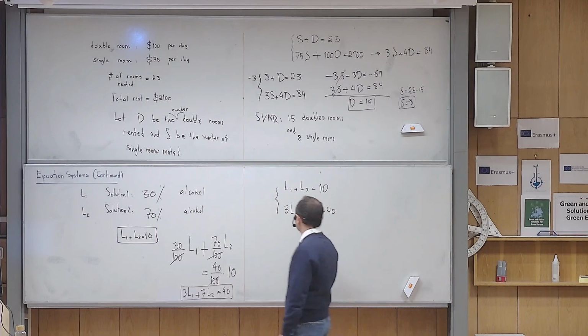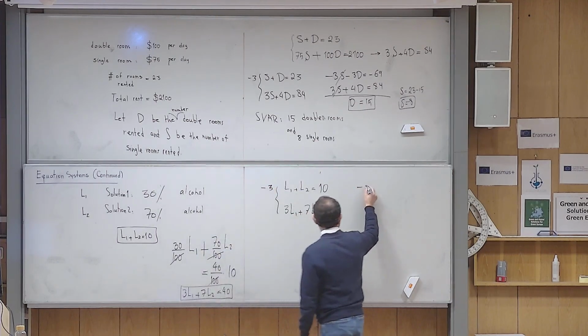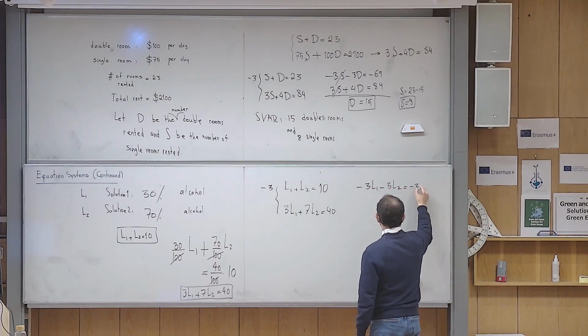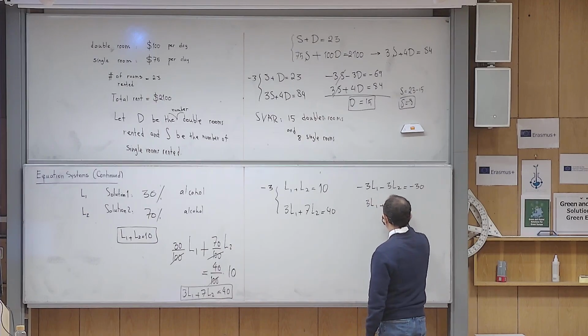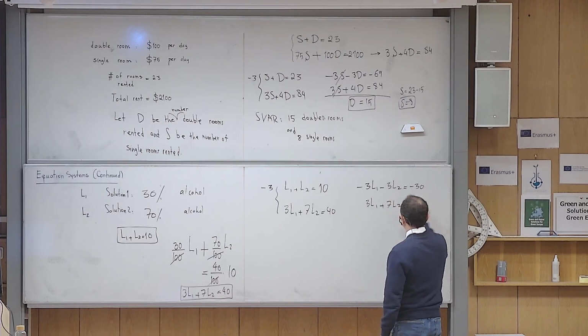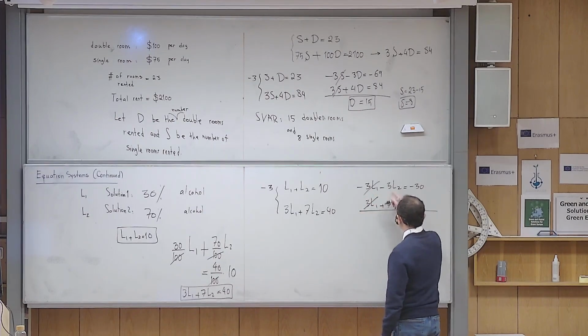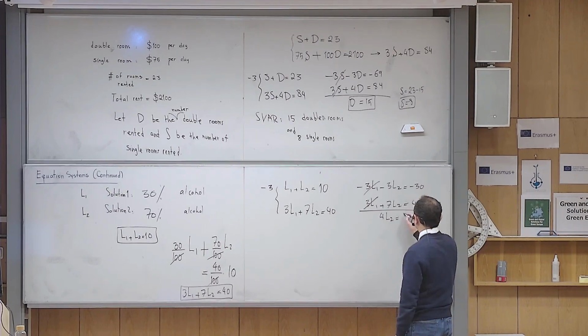Which method is suitable? For example, let me multiply this by minus 3. So it becomes minus 3L1 minus 3L2 is minus 30. And then I have 3L1 plus 7L2 is equal to 40. And I use the addition method. So this one and that one are gone. This becomes 4L2. And this becomes what? 10. So L2 is 10 over 4, which is 2.5 liters.